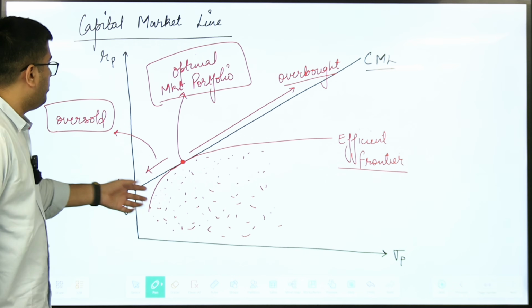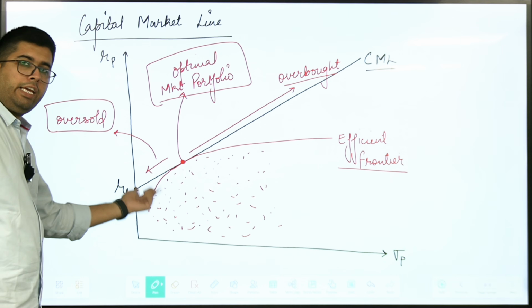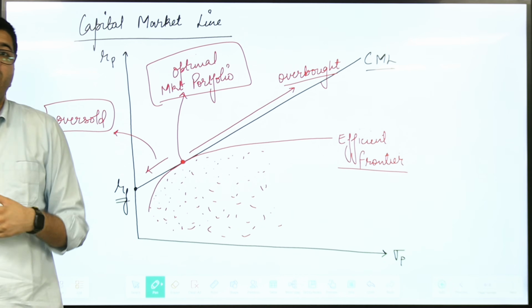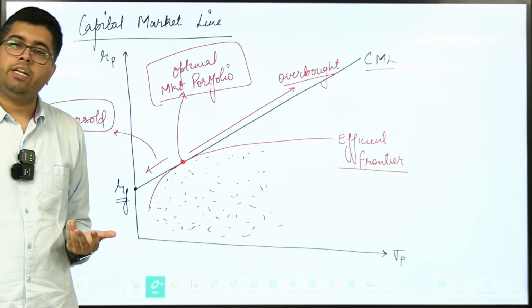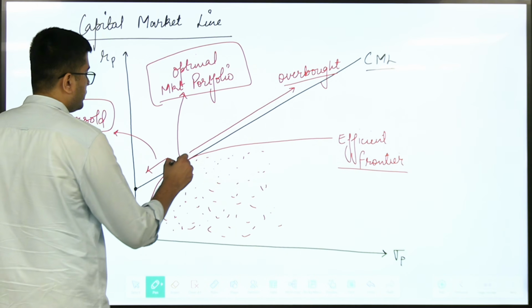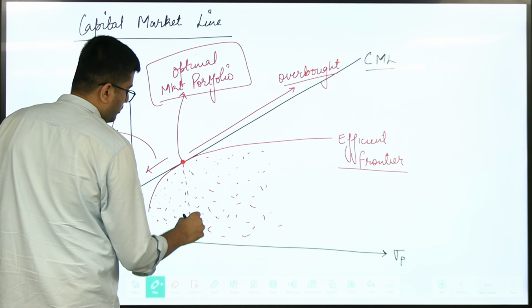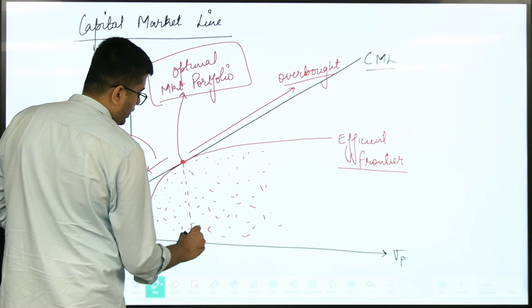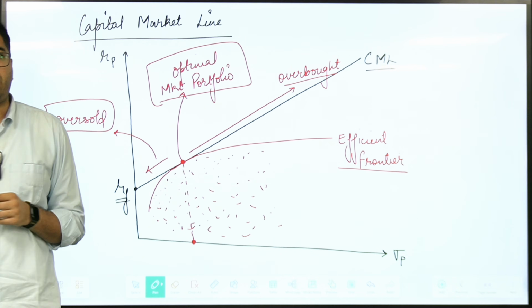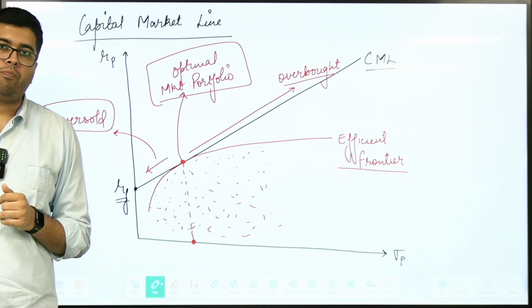So this is a problem where investors are not taking enough risk. And this is a problem where investors are being too risky, too optimistic with their investments. So for the market also, we have an ideal level of risk. The point where this optimal portfolio intersects, this gives us the optimal risk which should exist in the market at any given moment of time.